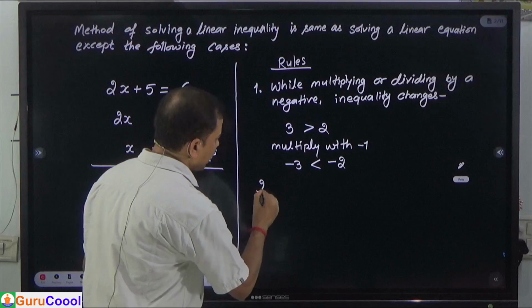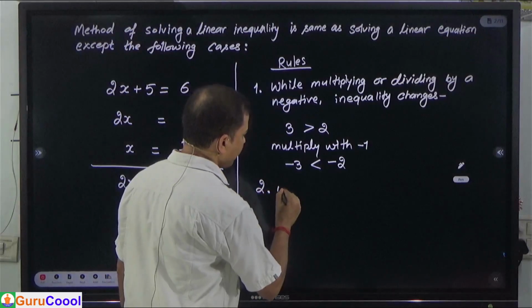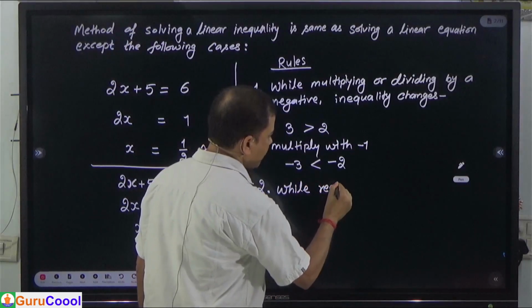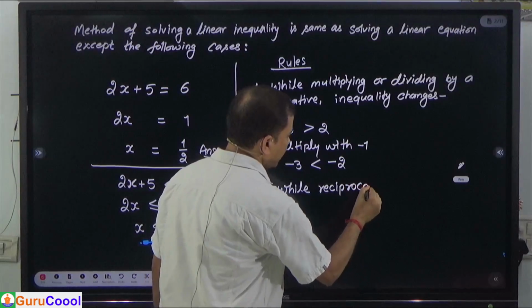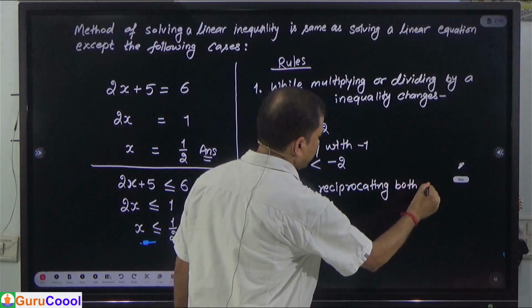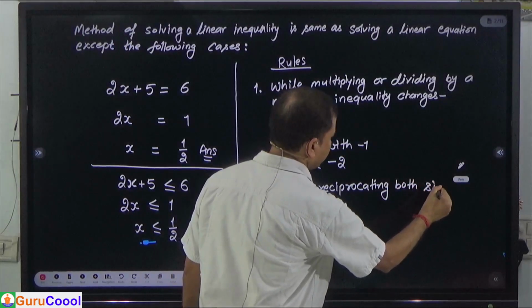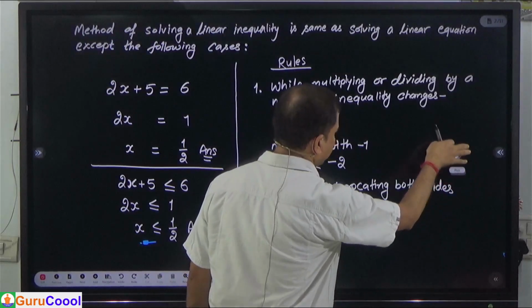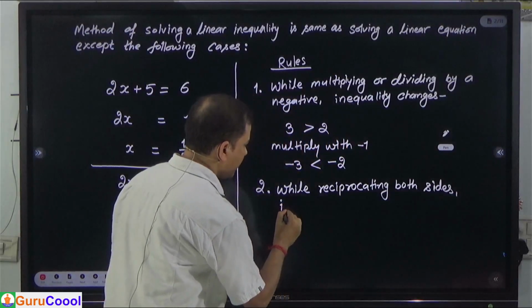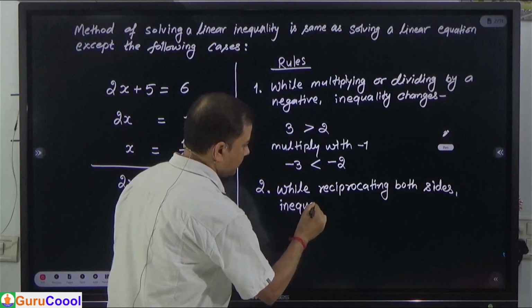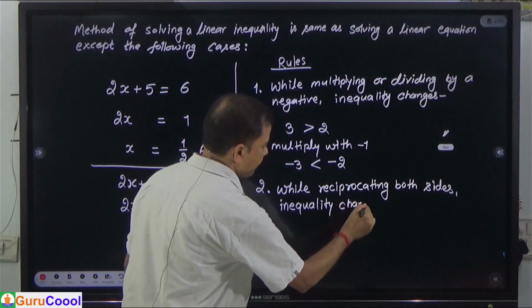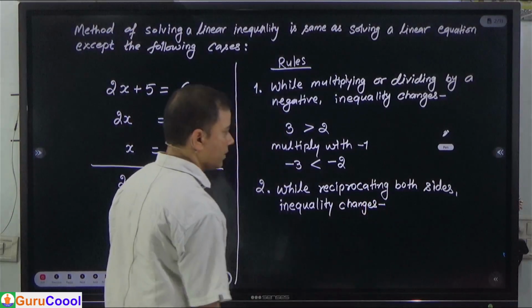The second rule is that while reciprocating both sides, the inequality changes.